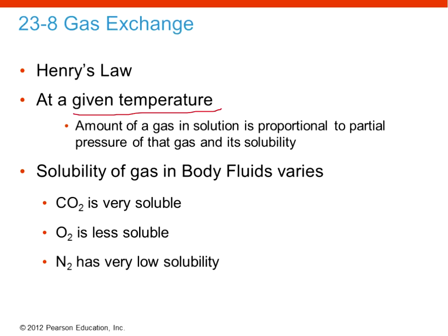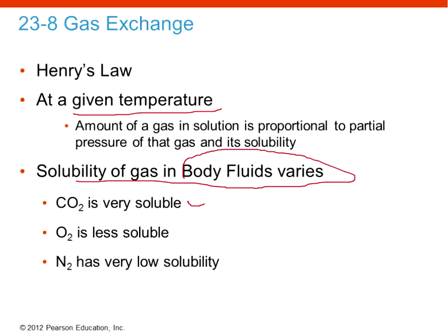So Henry's law: at a given temperature, the amount of gas is proportional to the partial pressure of that gas and its solubility. Solubility varies in body fluids. CO2, for instance, is very soluble, and we'll see that's how your body processes some CO2 in the blood.